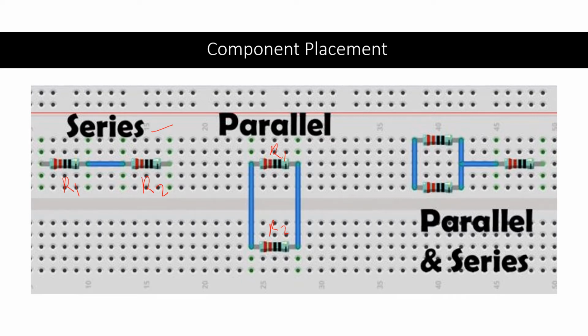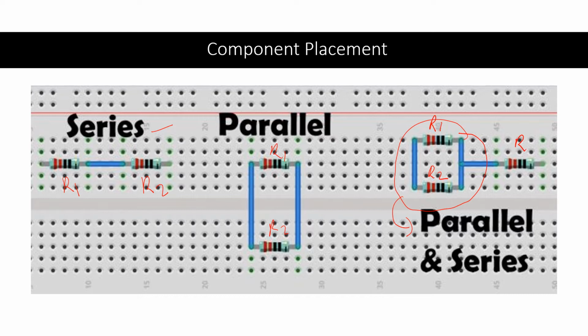Basically these resistors are in parallel, but then they are in series with the third resistor. We consider this R1, R2, and this resistor is R3.